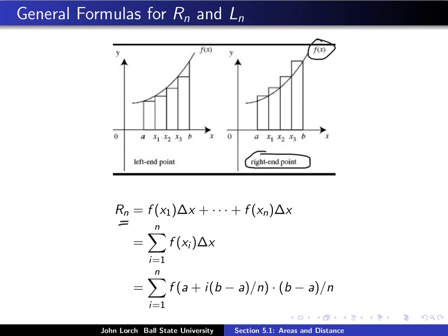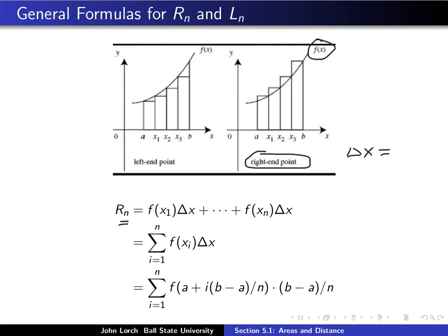So we could take our interval. In the previous example, we had the interval from 1 to 4. Here, more generally, our interval could be from a to b. And we want to split it up into n pieces. So each piece is going to be of length delta x, right? Those are the lengths of the pieces along the x-axis.